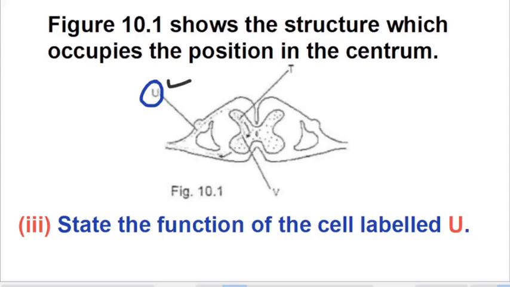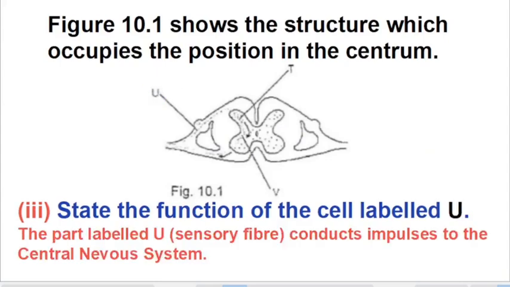The function of the sensory fiber is just to conduct impulses to the central nervous system. That is, it conducts or transmits impulses to the spinal cord and the brain, because the central nervous system consists of the spinal cord and the brain. So we have said the part labeled U, which is the sensory fiber, conducts impulses to the central nervous system. So we have answered our question A3.